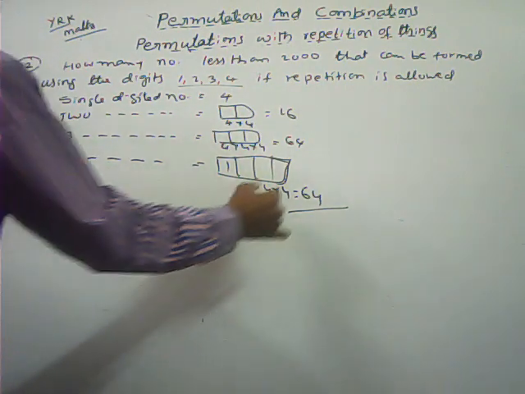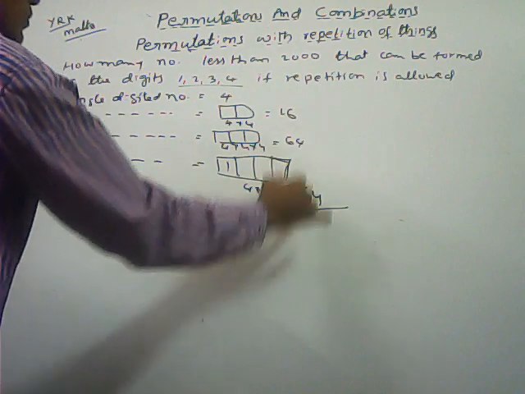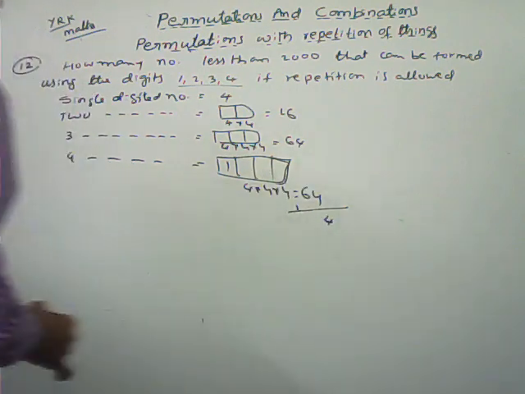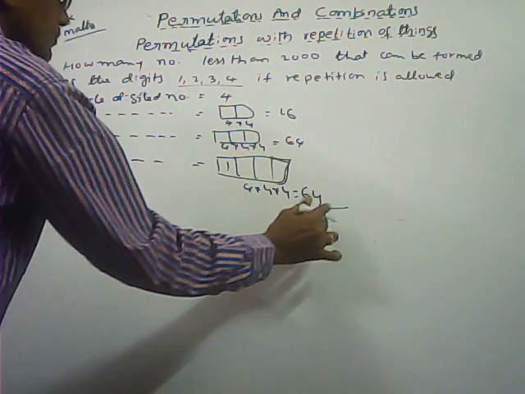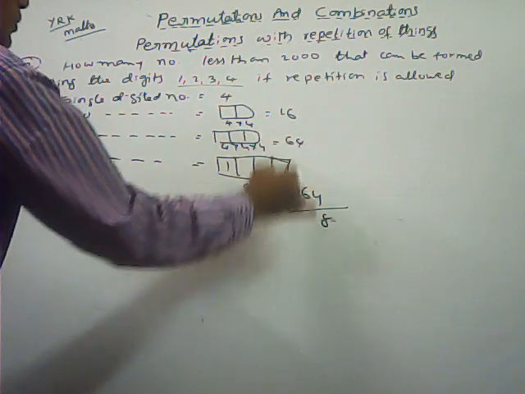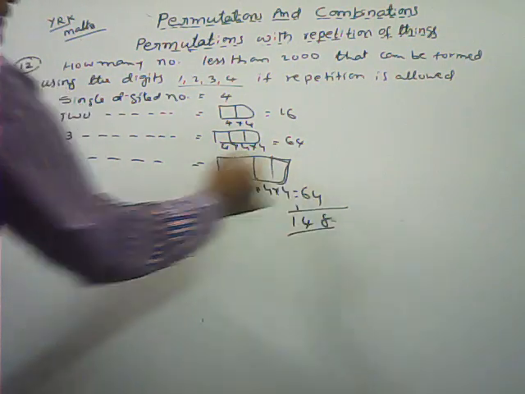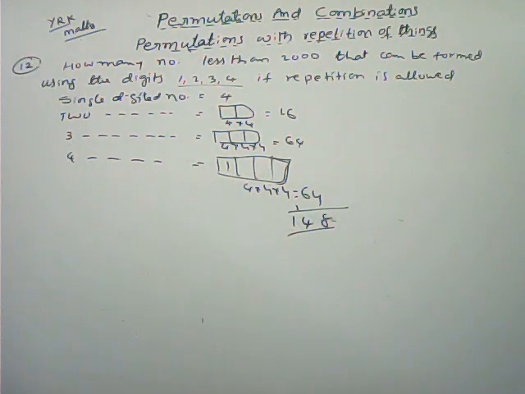Total 4 + 16 + 64 + 64 = 148. Total 148 numbers are there. All are less than 2000.